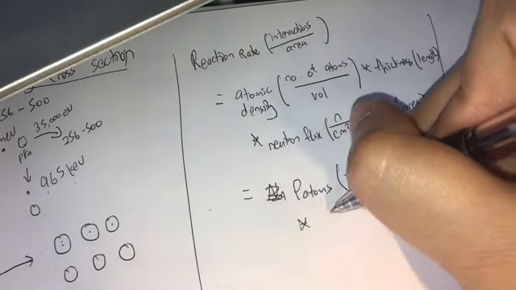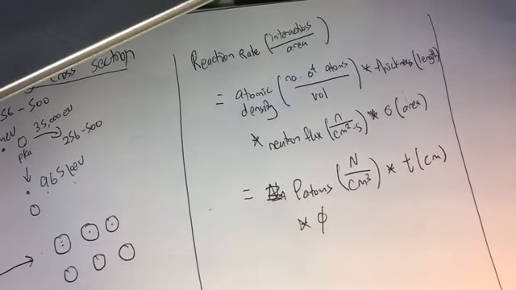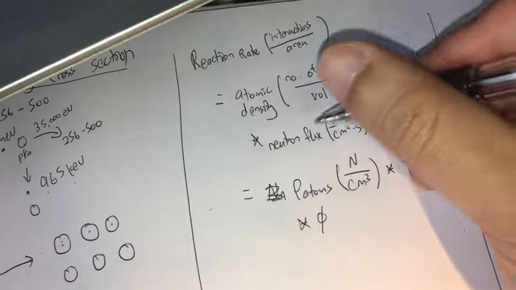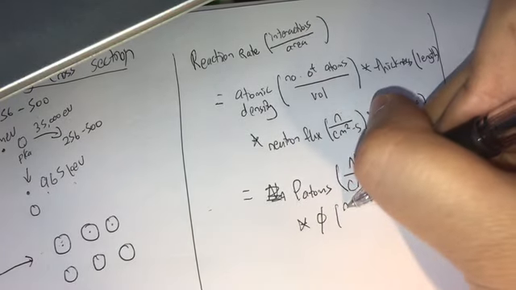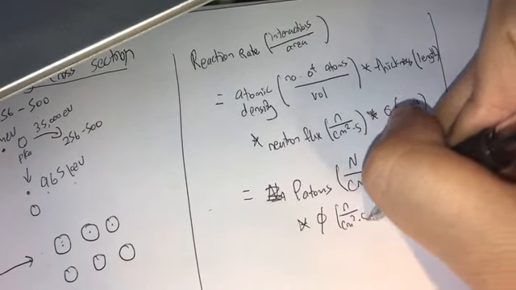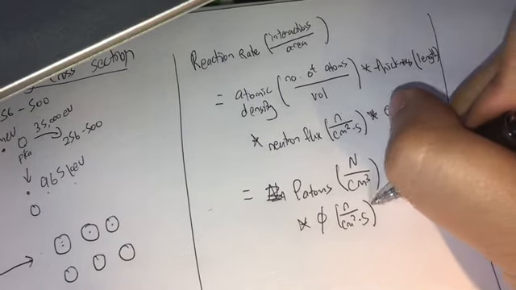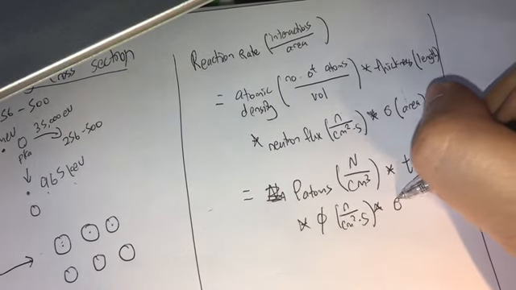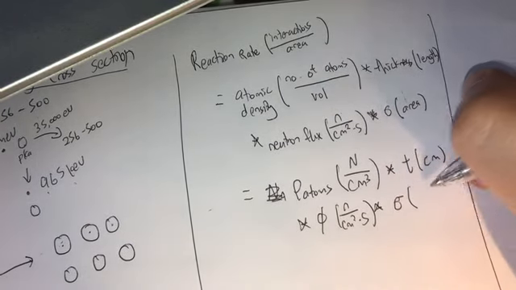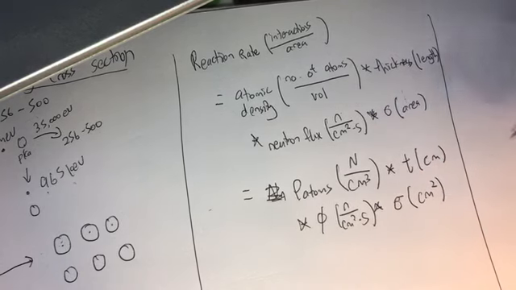The neutron flux, which I call phi, I'll put that in neutrons per cm squared per second, times the constant of proportionality, sigma, in cm squared.